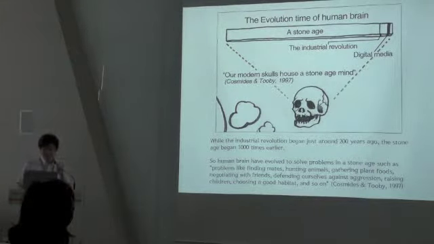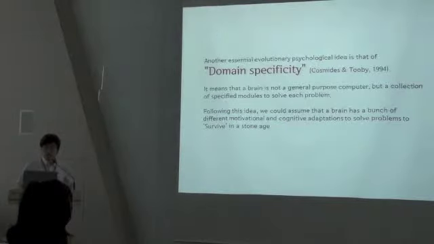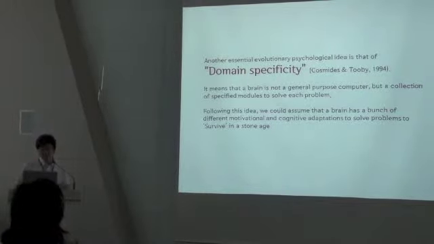Cosmides and Tooby suggest that the human brain evolved for problems like finding mates, hunting animals, getting plant food, negotiating with friends, etc. And as I mentioned a little bit earlier, another essential evolutionary psychology idea is domain specificity.